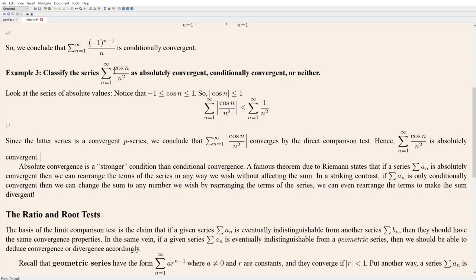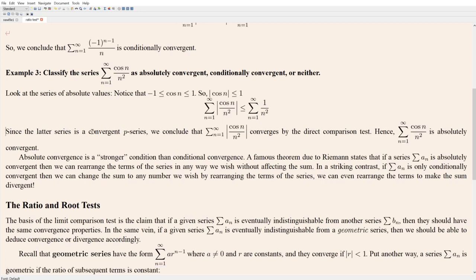Hence, it is absolutely convergent, and if something converges absolutely, then we know it converges. So this notion of absolute convergence does give us another avenue for determining convergence, because putting absolute values around the terms of the series might make it look a lot simpler.